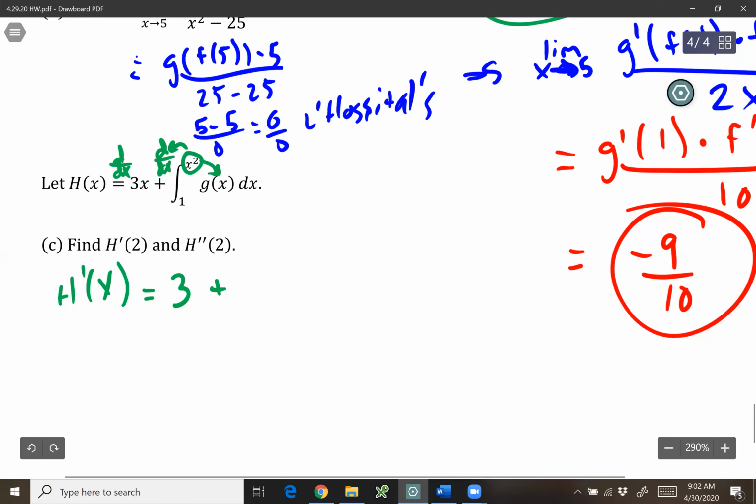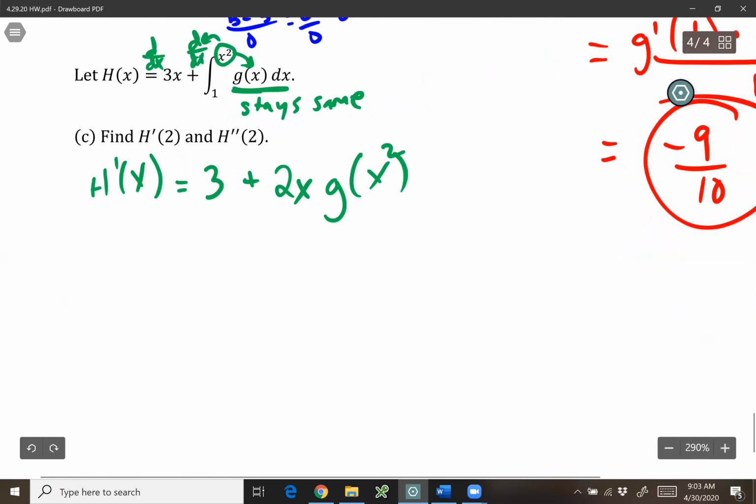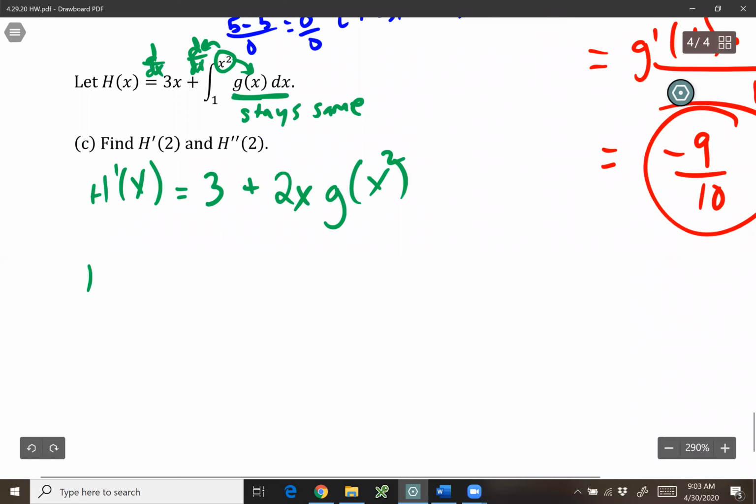Plus now this is going to become 2x g of x squared. And the reason for that is, right, we plug it in, like this stays the same, but we plug in x squared. But because it was x squared, we also need to take its derivative with the chain rule. So that was that one caveat about FTC.